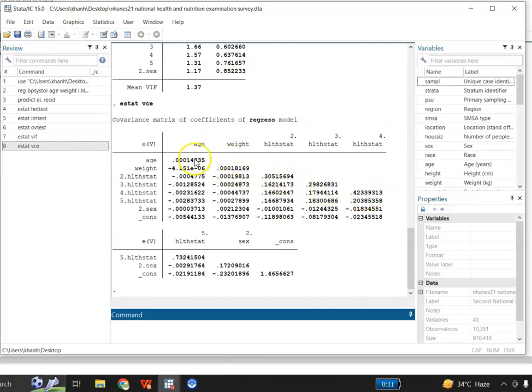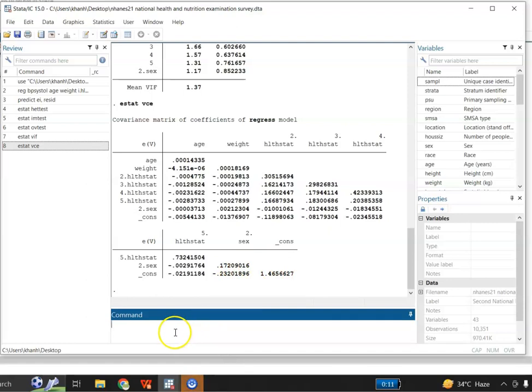For example, age and age, so that will be variance of age, variance of weight, variance of health state, second category, variance of health state of 3rd category, and 4th category, and all these other values other than the principal diagonal are the covariances between various pairs of the variables. And this is for the other category, this is for sex, and the final one is for the consumption.